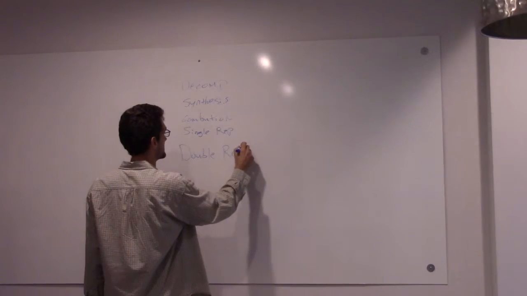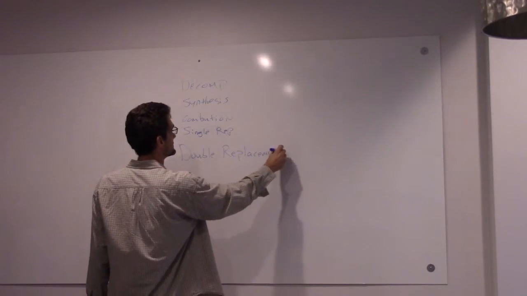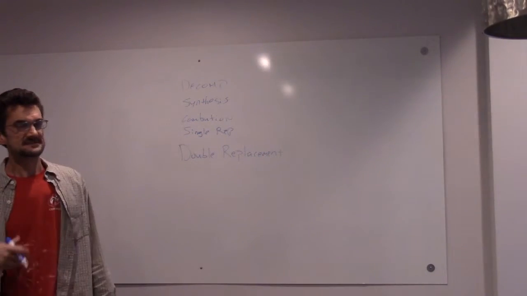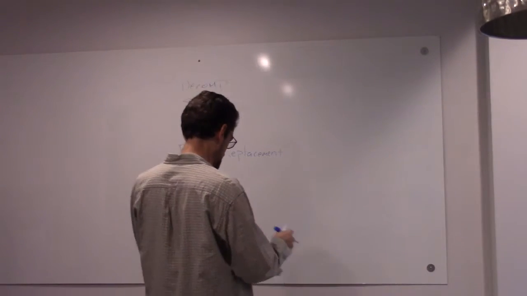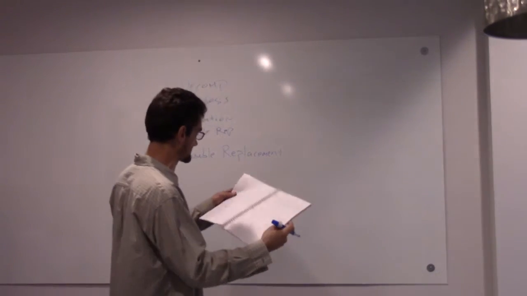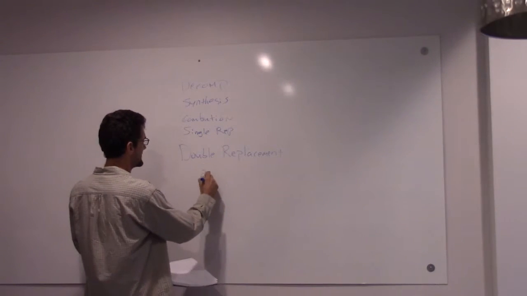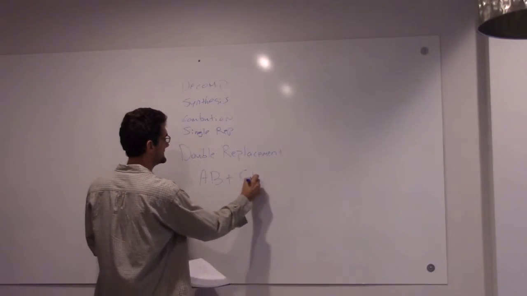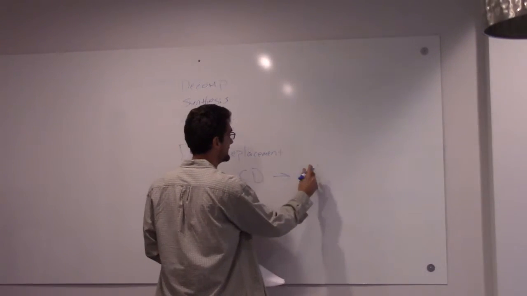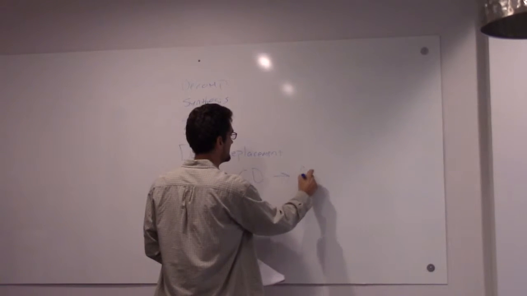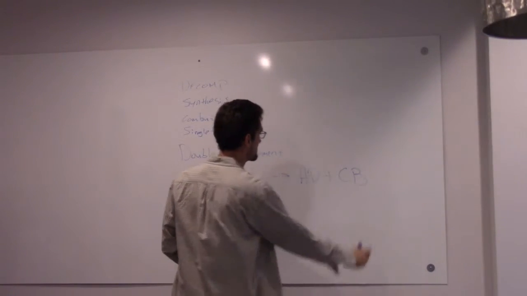The double replacement. Regular double replacement, we said, looked like this: AB plus CD, magic sign, going to AD plus CB.